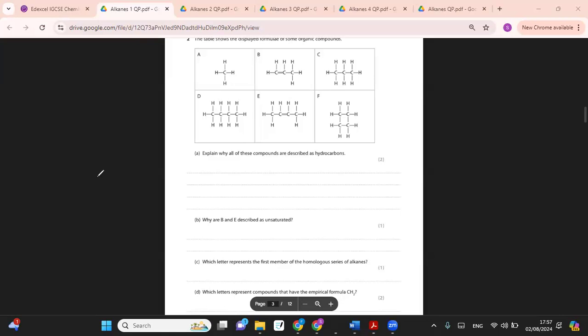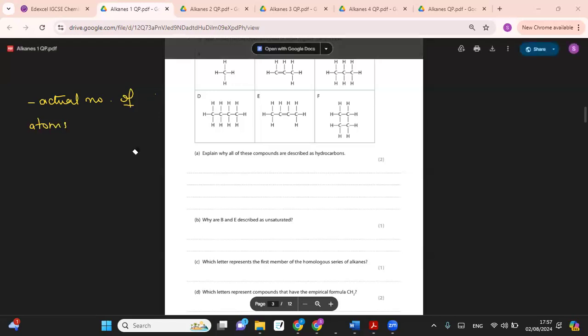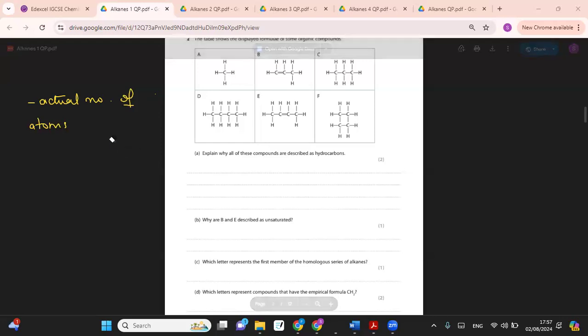A molecular formula tells you the actual number of different atoms, or of each atom, in a molecule, right?